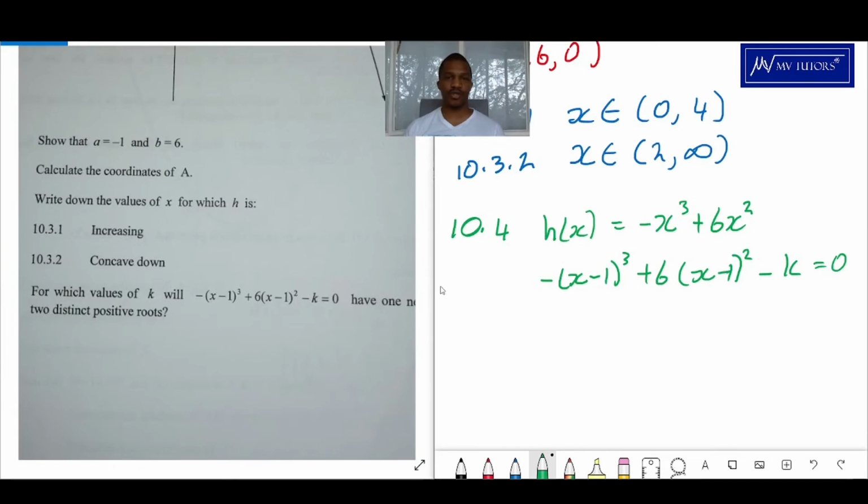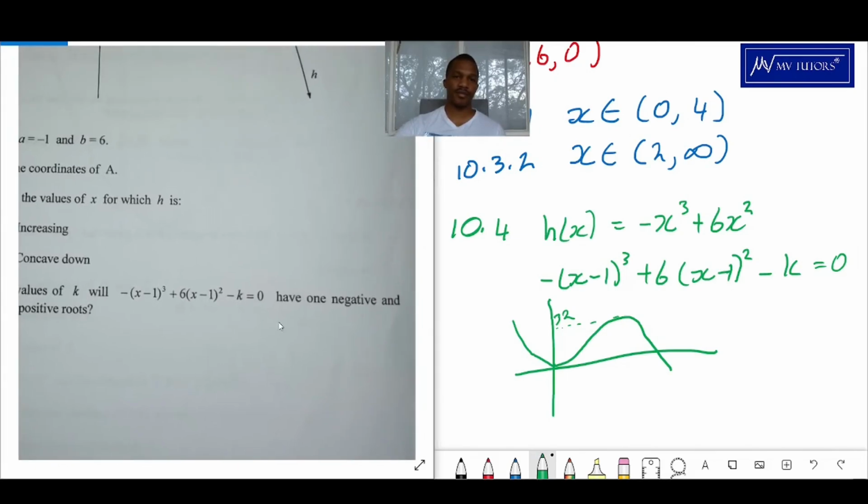So just to put it into perspective, what we initially have is a graph that's like this. It comes here, it turns, and then it does that. We know that the value there is 32 on the y. This is 0. Currently it has no negative roots.